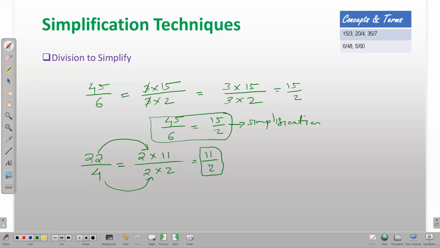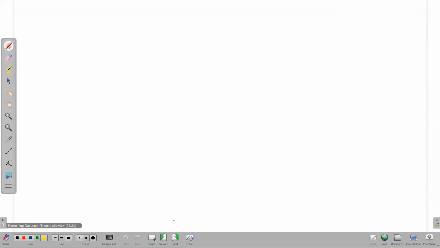So now we are going to do some more problems. Acha is going to write something. 34 divided by 4 equals 2 times 17 divided by 2 times 2.